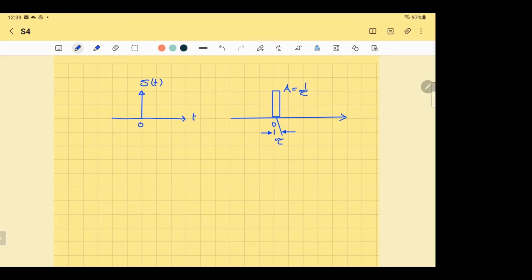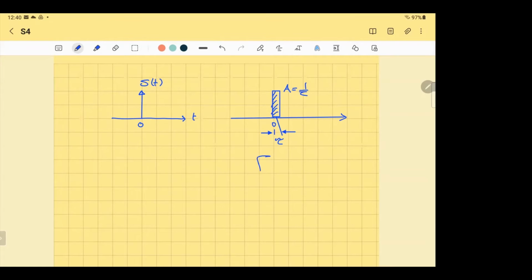So the definition of this one will be the integration of this function when tau gets closer to 0, getting very small. So ideally, if tau is equal to 0, the height is infinity. But as I said, this practically never happens. But you can say tau is equal to 1 over 1,000 second, so the height will be 1,000. So the area is equal to 1.